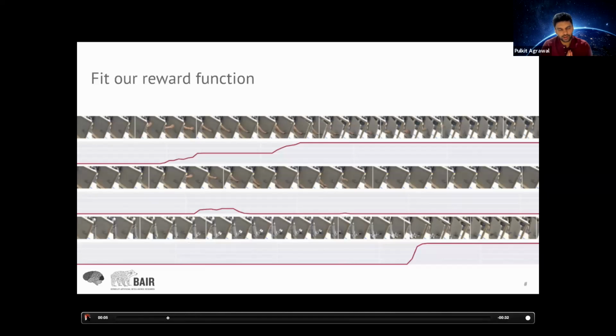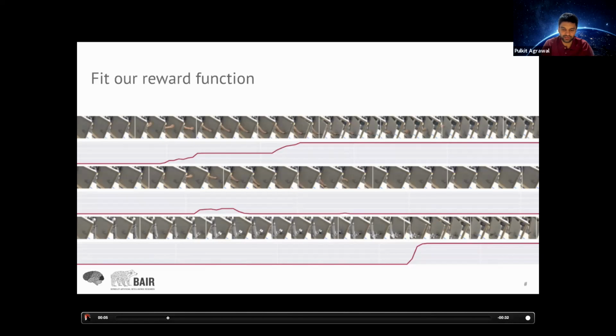So what we're going to look at in a large part of this lecture are what kind of algorithms go into inferring these kind of reward functions, which help us infer the intent of what the person is doing.